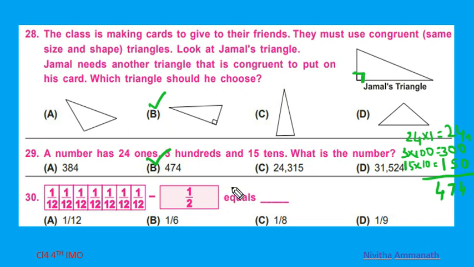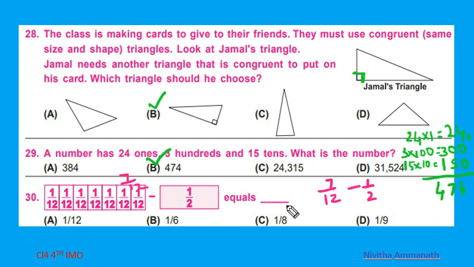Next one, 1 by 12 plus 1 by 12, 1 by 12, and so on. How many are here? 1, 2, 3, 4, 5, 6, 7. That is 7 by 12. Then here 1 by 2. 7 by 12 minus 1 by 2.